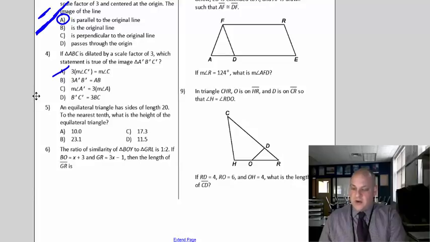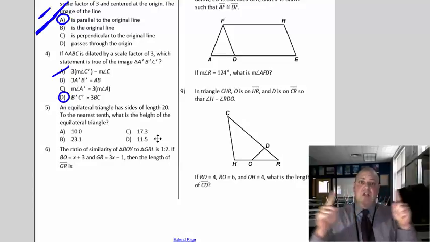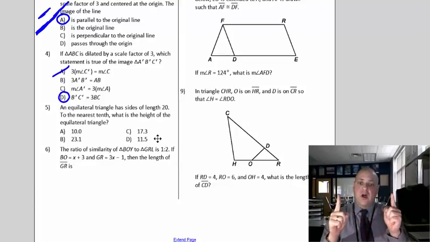This one right here is the answer: B prime C prime equals 3 times BC. When you dilate by 3, the length of each side is 3 times as long. If this is the original BC, the new one is going to be 3 times as long.